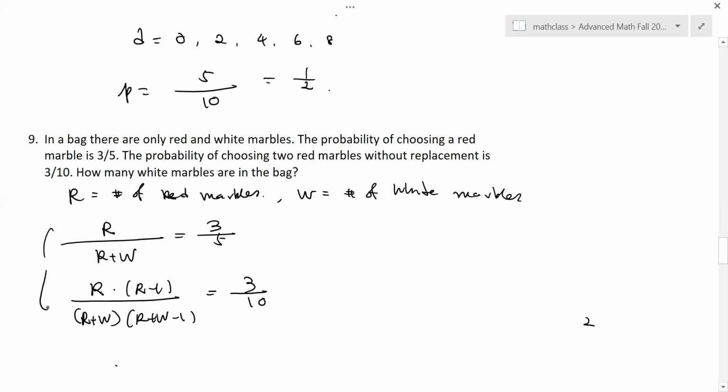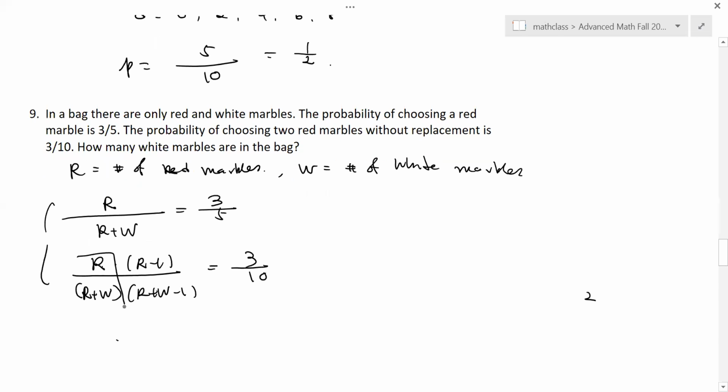Now, are we able to solve this? There are two equations for R and W. The answer is yes. You can select this one here. This is R over R plus W, which is already 3/5.